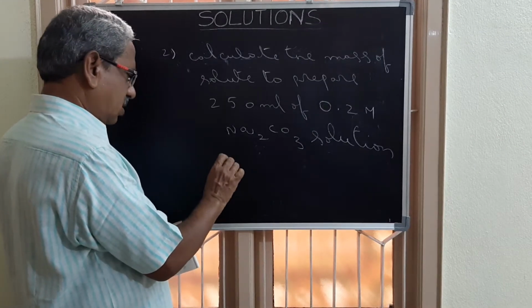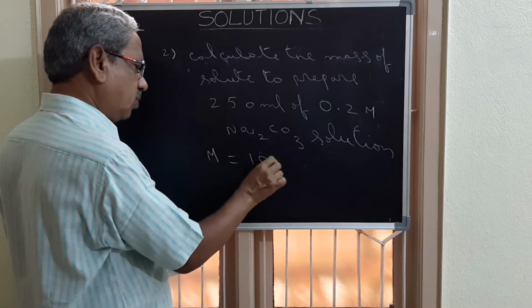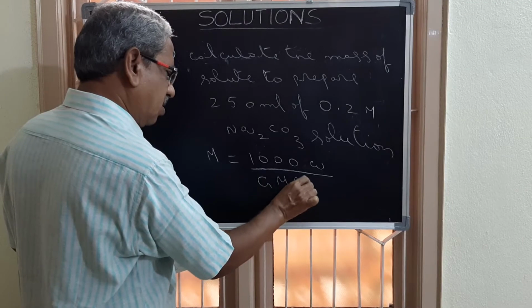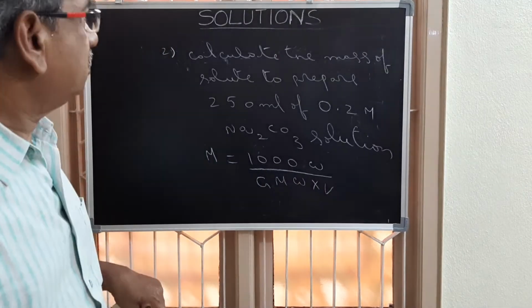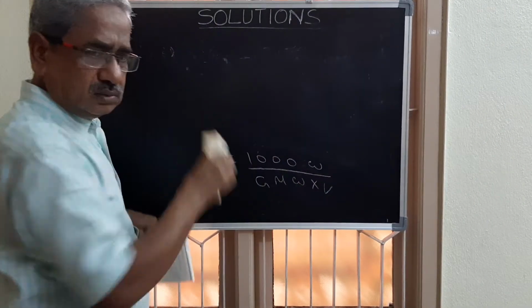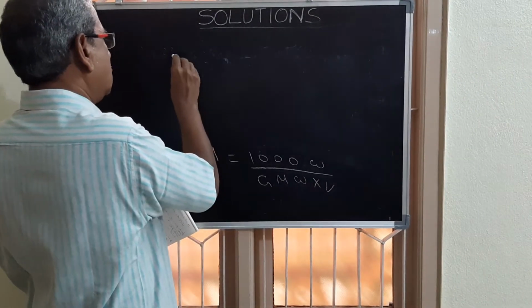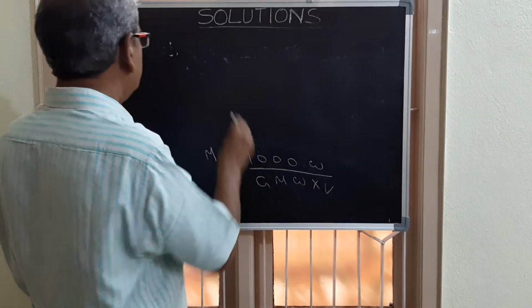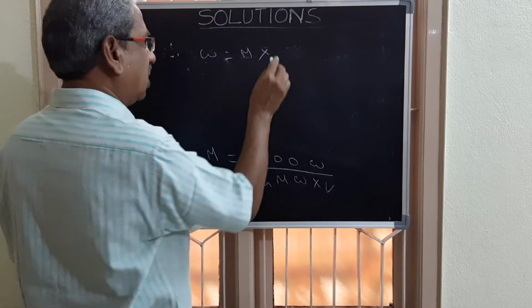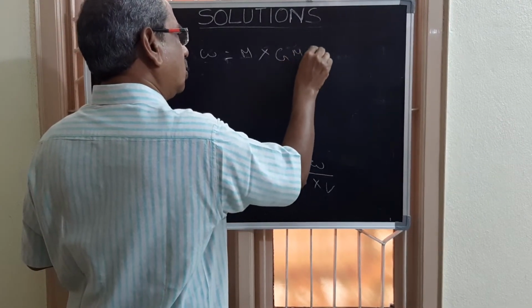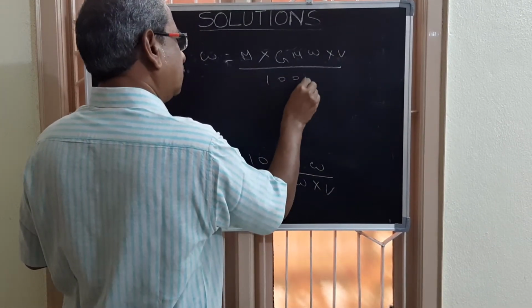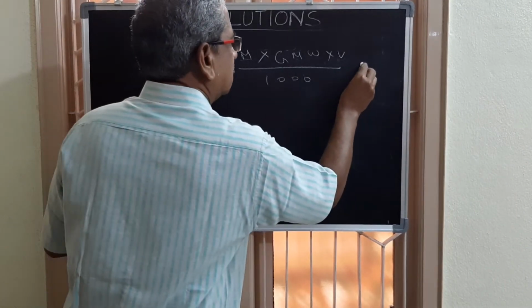We know the formula. M is equal to 1000 W by GMW into V. Therefore, on cross multiplication, W is equal to M into GMW into V by 1000 grams.